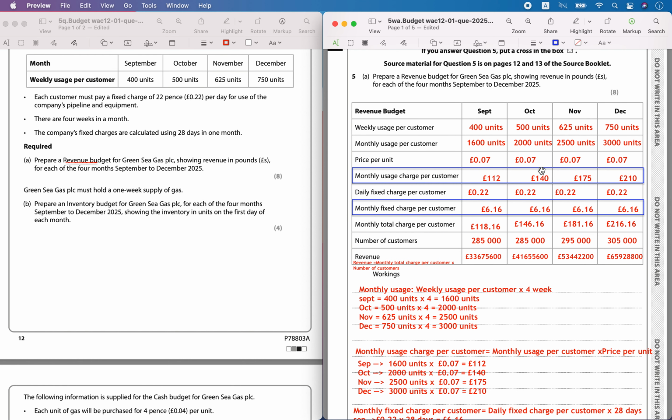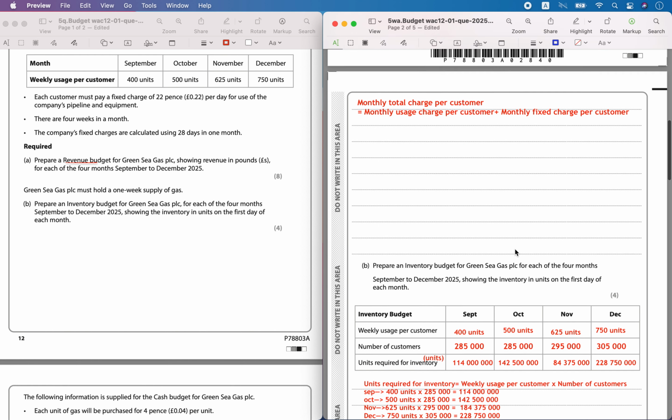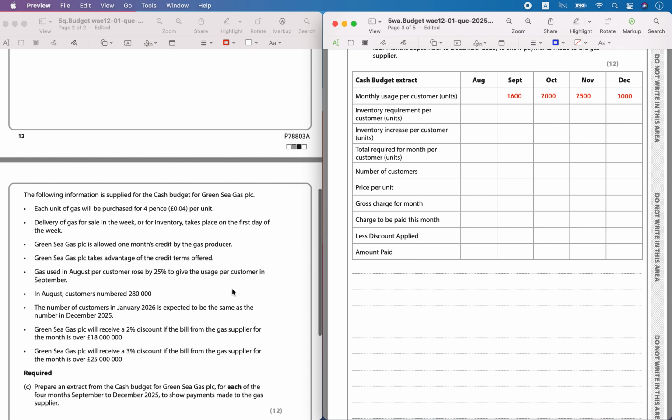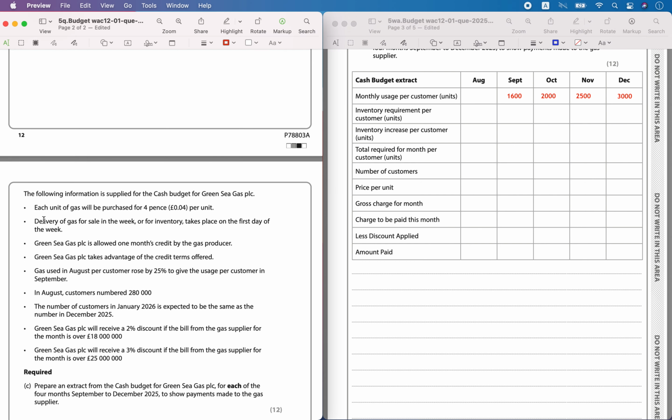Now we had already calculated this in part A, so that needs to be filled, but we don't know what the monthly usage was for August. Here it is said that each unit of gas will be purchased for 0.04 pounds per unit.